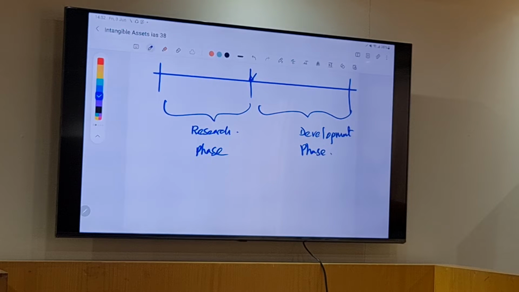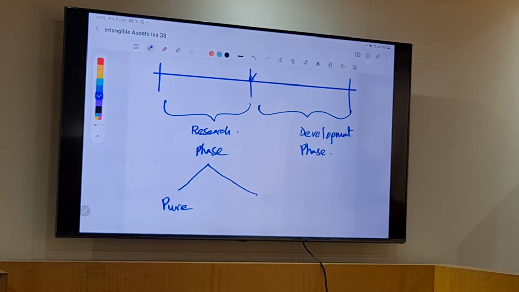There are two types of research. One is, we call it pure. Can someone tell me what could be the second type of research?